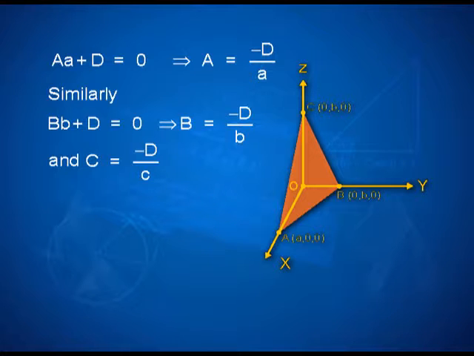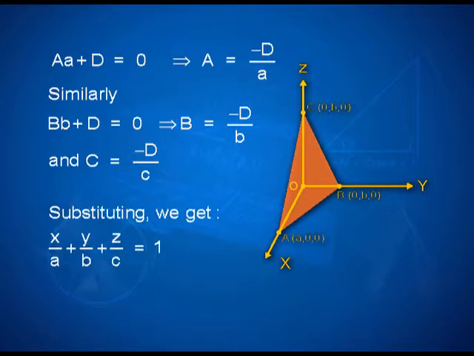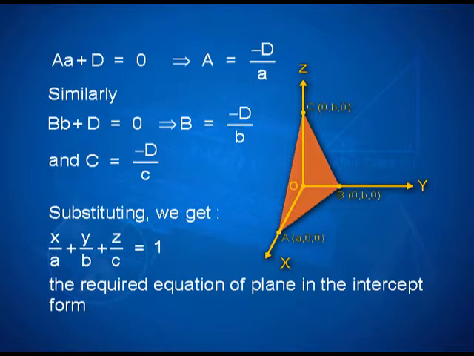If I use these values of A, B and C in the assumption of the equation of plane as Ax plus By plus Cz plus D equal to 0, and I just rearrange the coefficients, I will get a special equation in the form x by a plus y by b plus z by c equal to 1, which is known as the equation of plane in the intercept form.